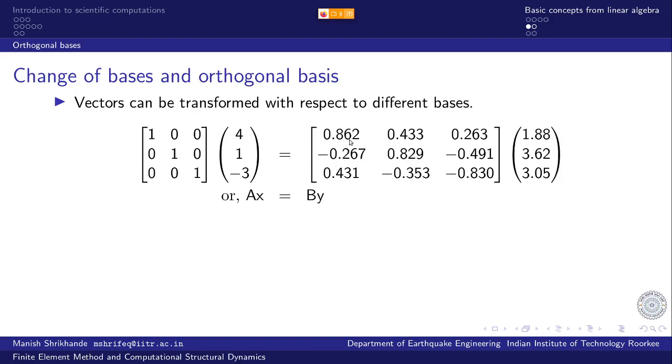These are the base vectors multiplied by the respective coordinates. So essentially what we are talking about here is A times x. This is the linear transformation matrix A multiplied by the coordinate vector x.